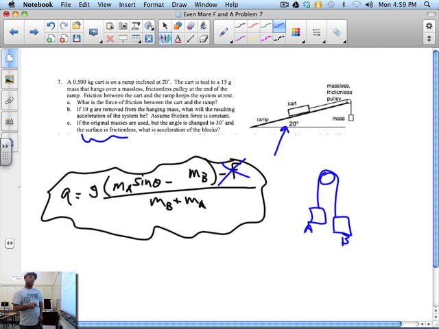And then another possibility here is if we have a 0 degree angle. So that's a flat ramp like this. That's like a table, right?